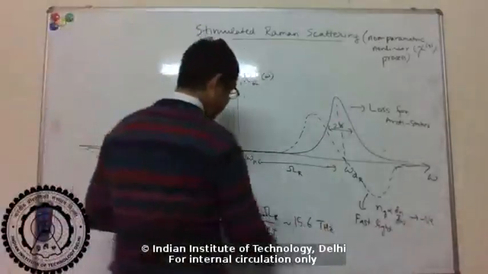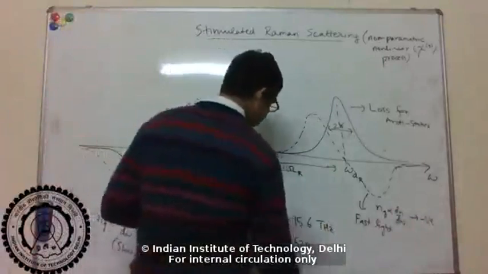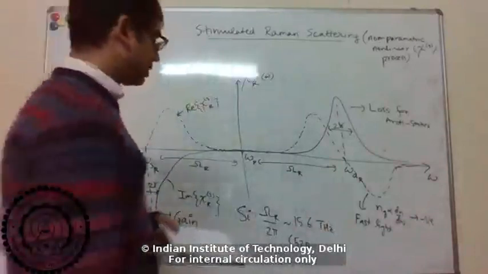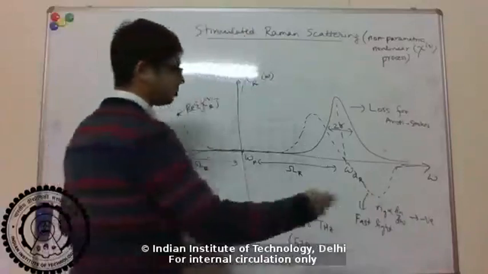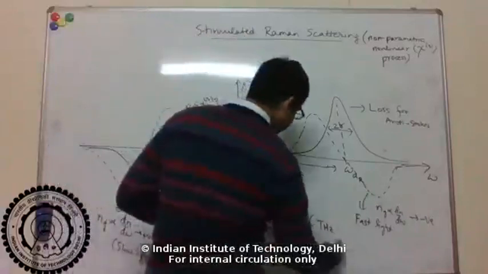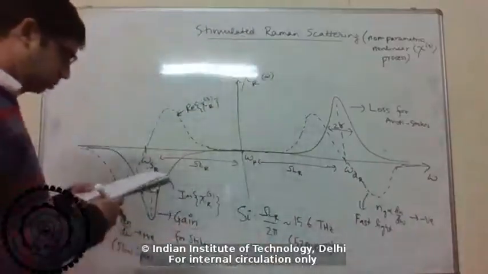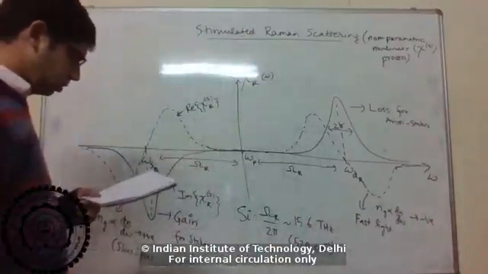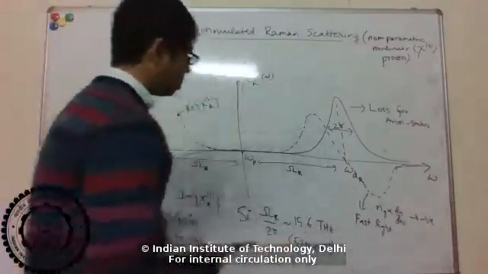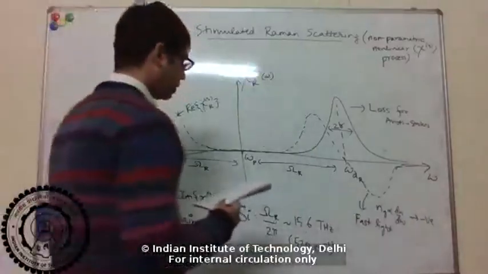Okay. Sometimes this Raman shift is measured in centimeter inverse, especially in areas related to chemistry and materials analysis, where they characterize materials using Raman spectroscopy. Usually they measure the Raman shift in centimeter inverse. Okay. So in centimeter inverse it is 520 centimeter inverse, right?